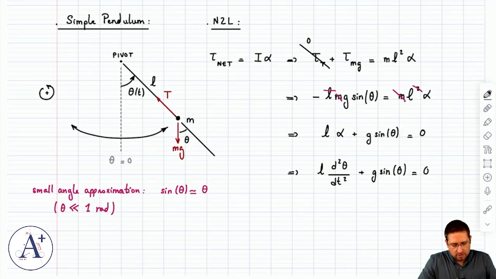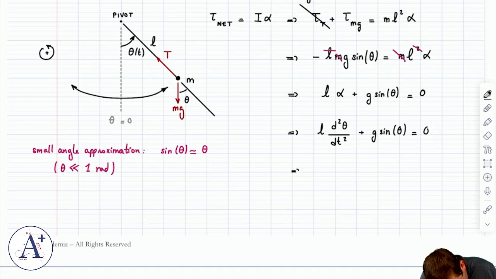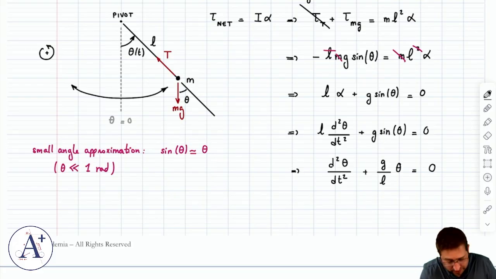Okay, so if that can be said, then this indeed can be written like this. I'll divide by L on both sides. That's going to be d2 theta dt squared plus g over L, and sine theta becomes theta, equals 0, and this is in the right form to yield oscillations, right? So we conclude that theta is going to oscillate. It will oscillate with an angular frequency omega that is the square root of g over L.